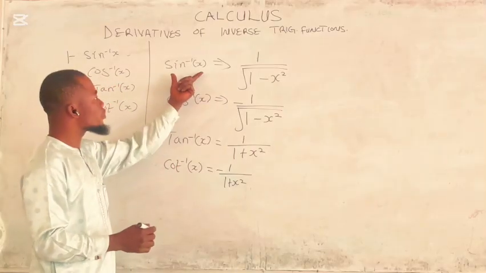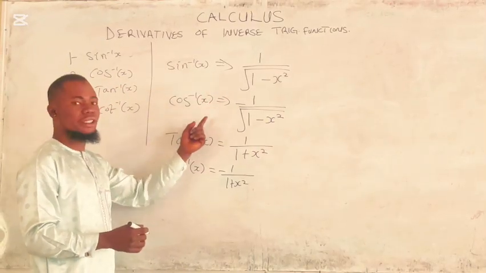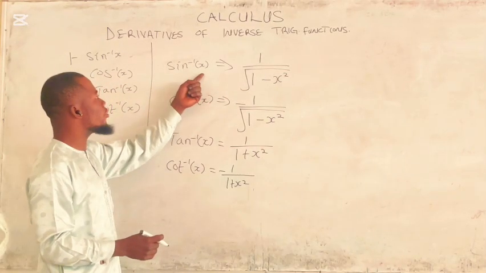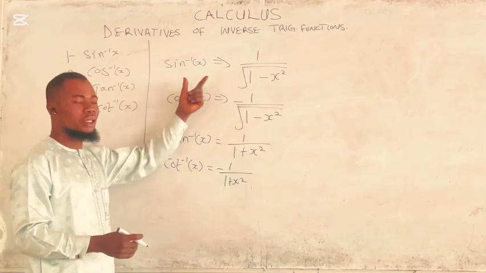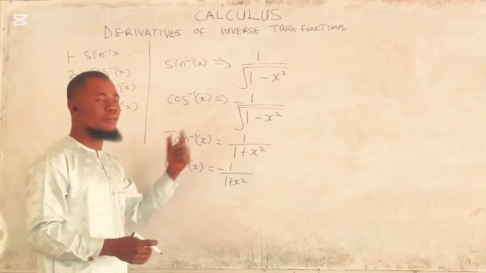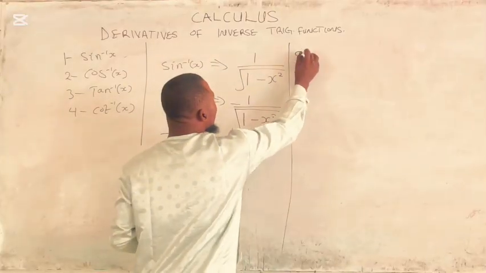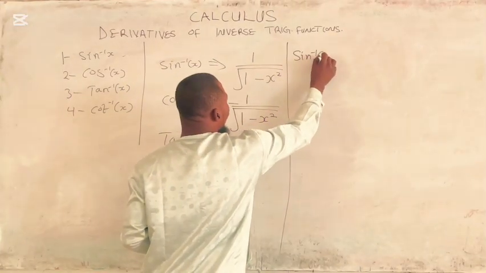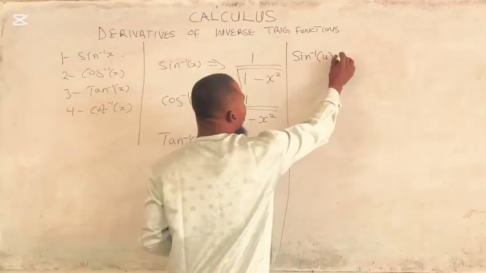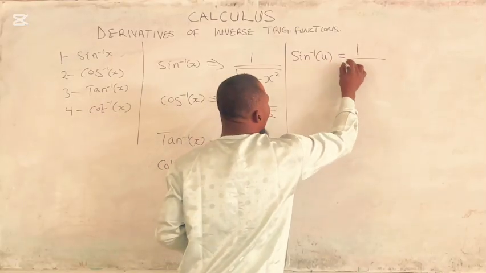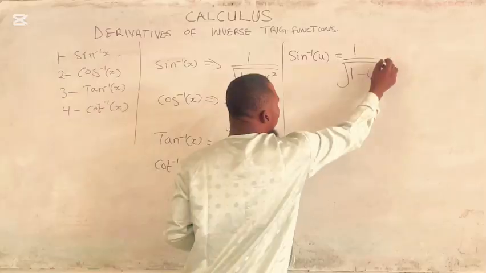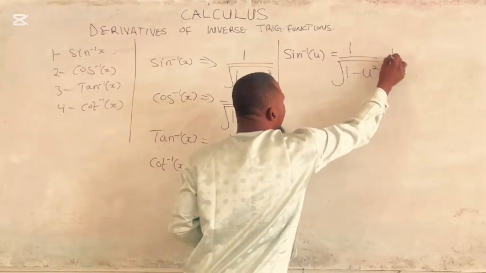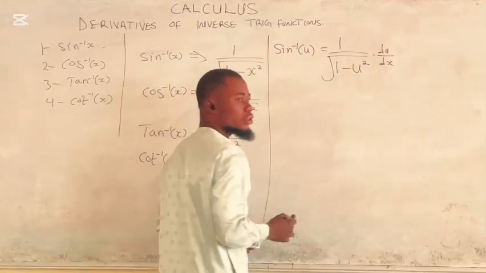This is if we are having only x. What happens in a case where x has a coefficient which is not 1? In that case, we can use the general form, where the derivative of sine inverse of u is equal to 1 all over the root of 1 minus u squared multiplied by du over dx.